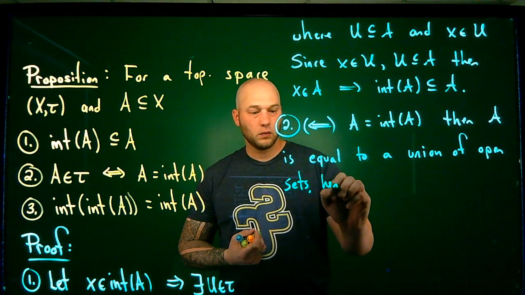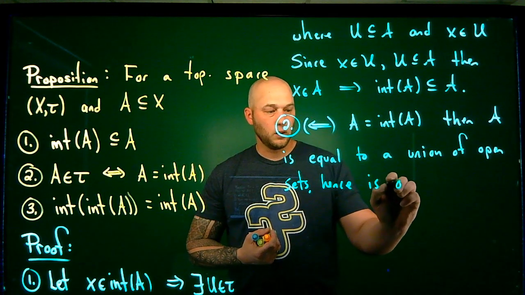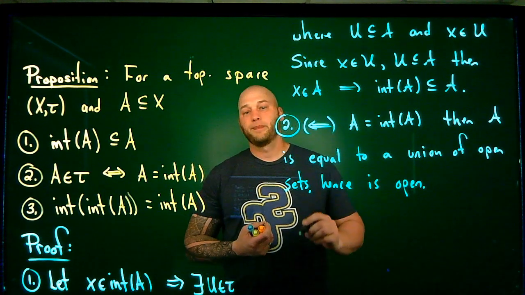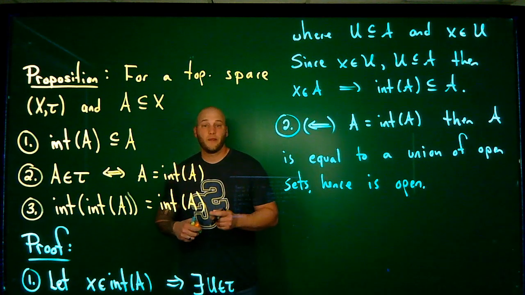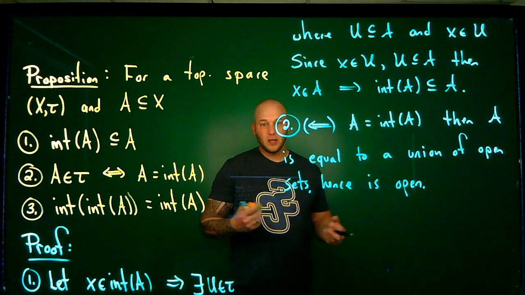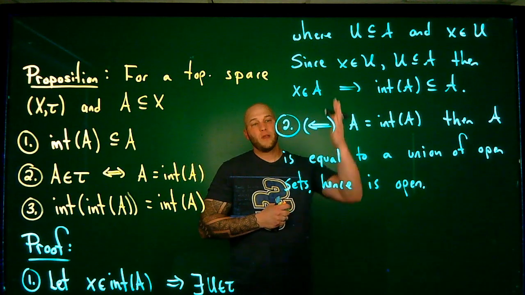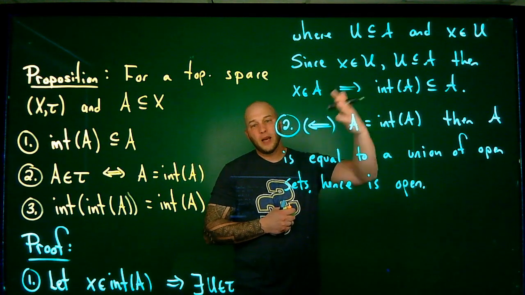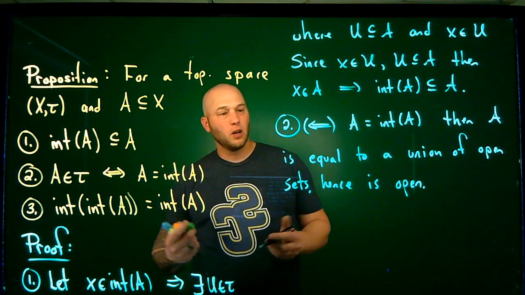Hence, A is open. Again, just the definition of the interior, it's a union of open sets contained within A. In particular, it's a union of open sets. So if A is equal to the interior, then A is a union of open sets, which is therefore open.